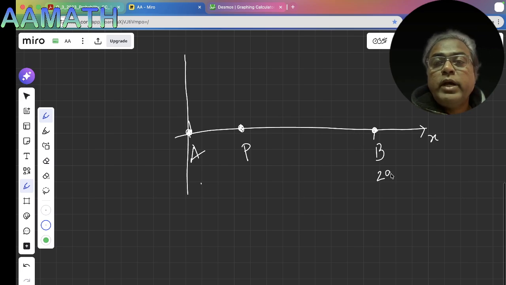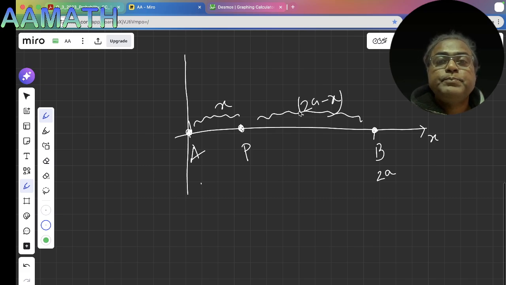P is at distance x from A, so obviously this distance PB is 2a minus x.